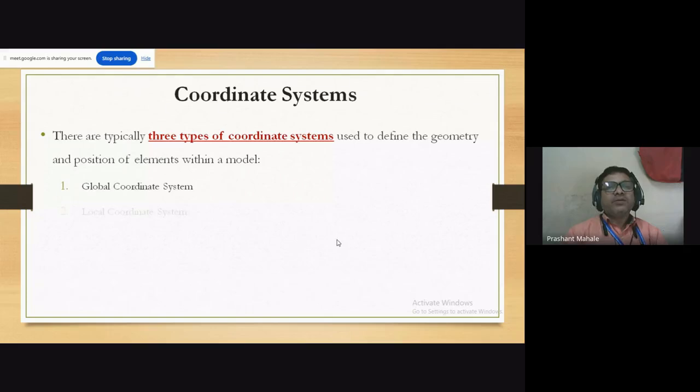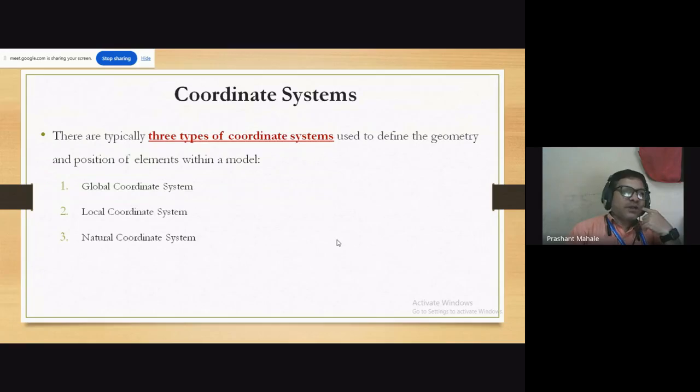The second we are going to call a local coordinate system. And the third we are going to call a natural coordinate system. So why are these three different types of coordinate systems used here?